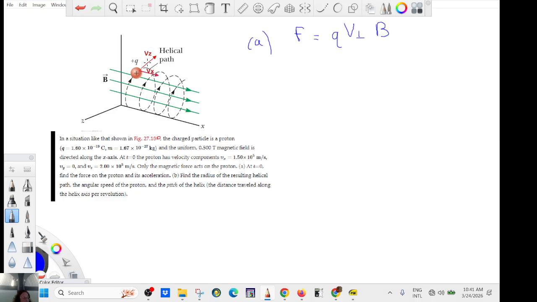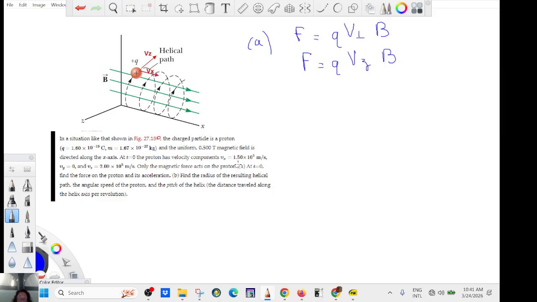We take only the one that is perpendicular to B. Agree? So F equals Q, the perpendicular component, which is V sub Z, times B.